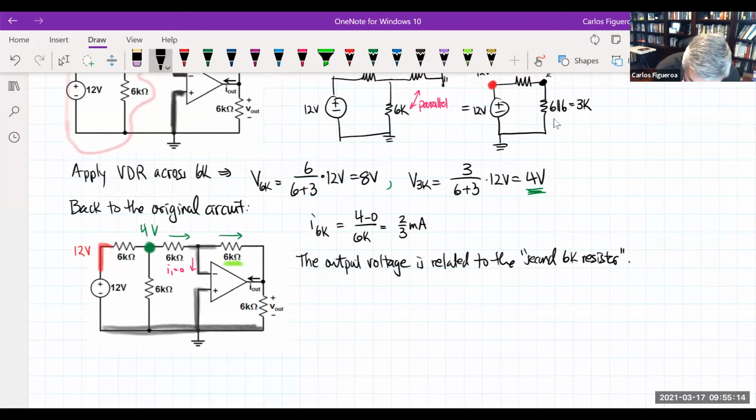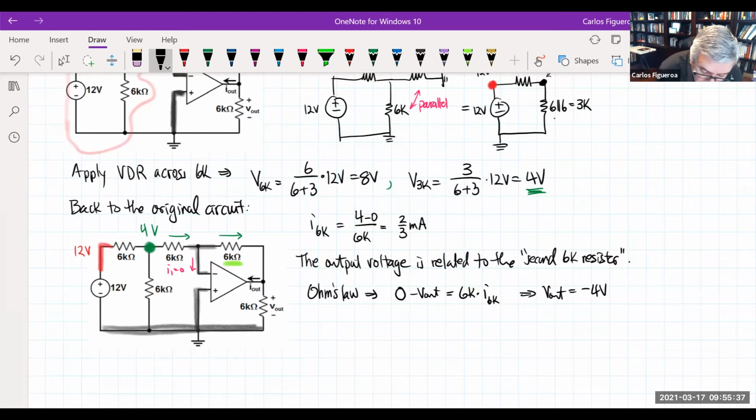And you could see that from Ohm's law, that tells us that it's got to go from 0 to V out, and that has to equal 6K times the current of the 6K, which is something that we already did. And from our previous discussion here, this should be minus 4 volts.